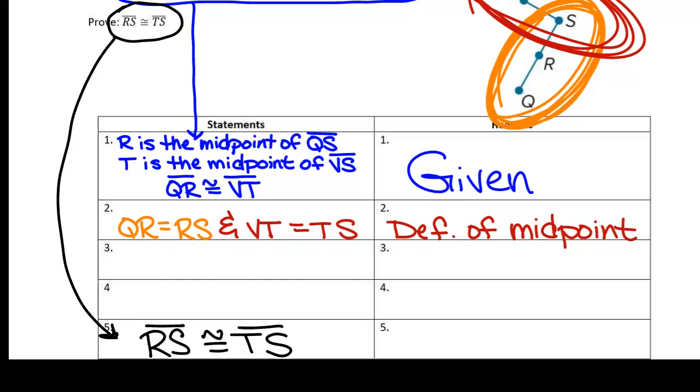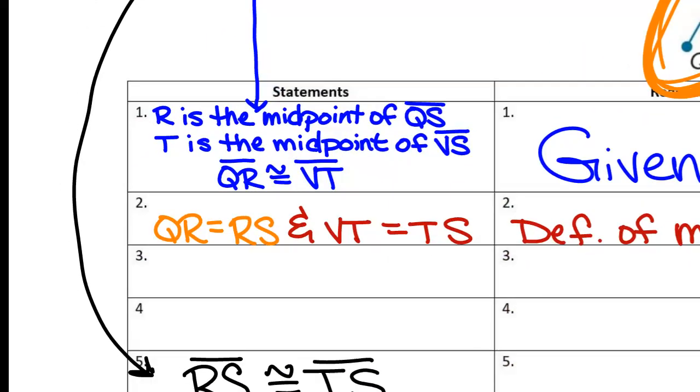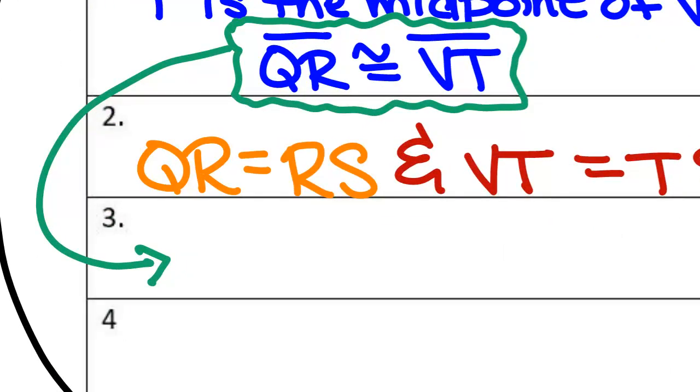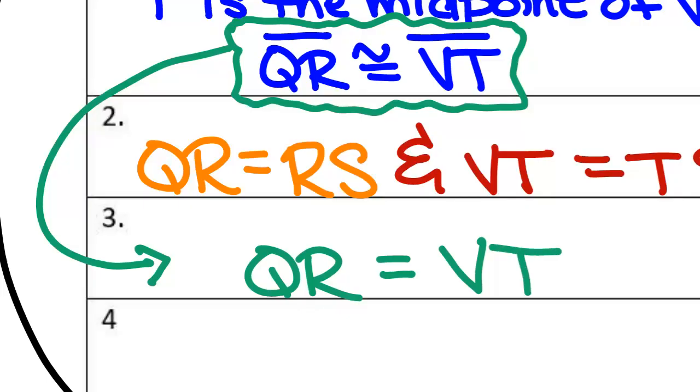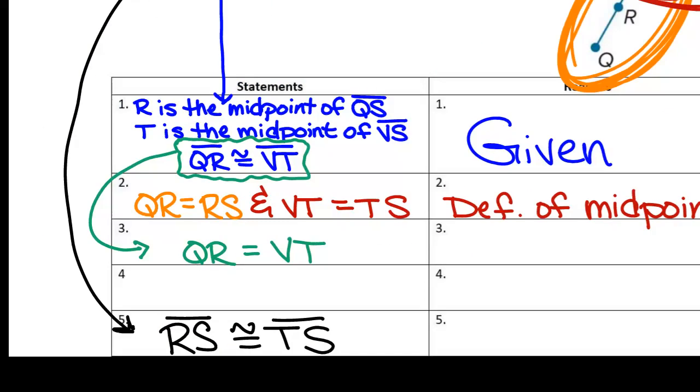All right. Thank you. There was a third thing in my given information that we haven't used yet that I'd like to use now. If I know that 2 segments are congruent, then what else can I say about them? They're equal. So the length of segment QR is equal to the length of segment VT. What did we just use?